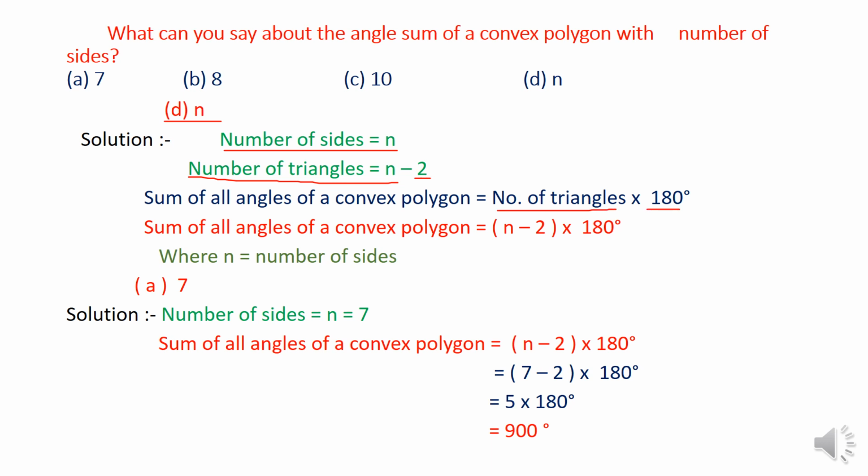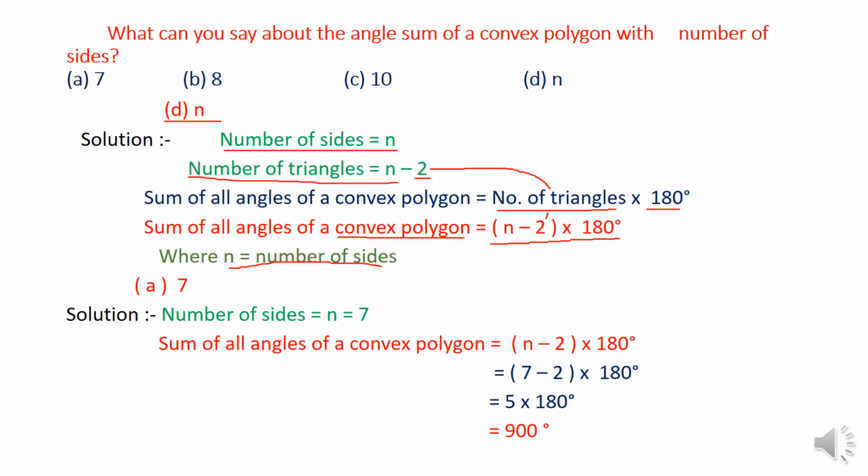The number of triangles here is n minus 2, so we substitute it here. So the sum of all angles of a convex polygon equals n minus 2 multiplied by 180 degrees. This is the required formula, where n is the number of sides.